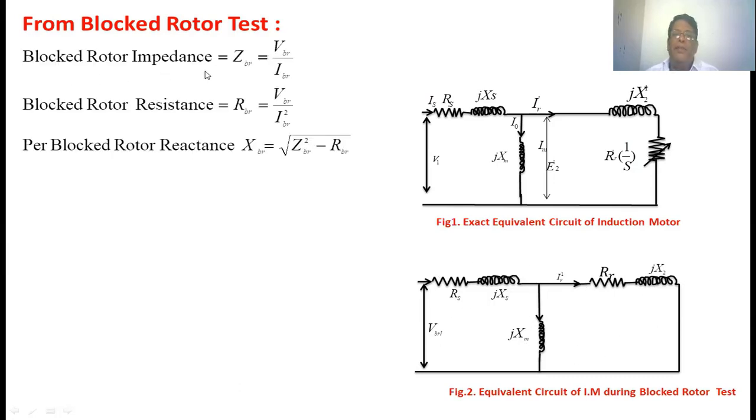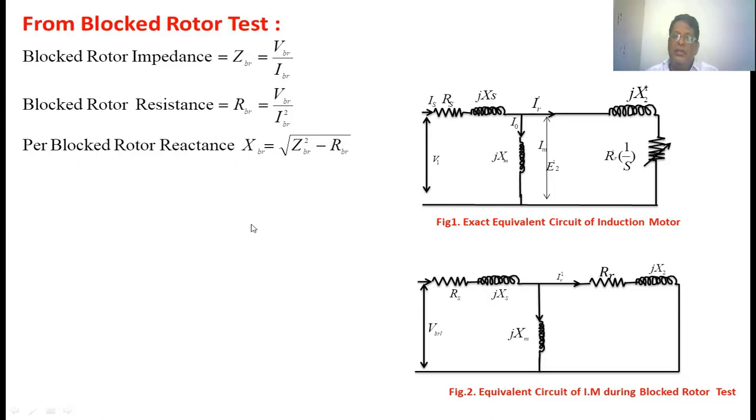The block rotor impedance ZBR equals the voltage in the block rotor test divided by the current taken by the induction motor during the block rotor test. The block rotor resistance RBR equals WBR by IBR squared. The per phase block rotor reactance XBR equals the square root of ZBR squared minus RBR squared.